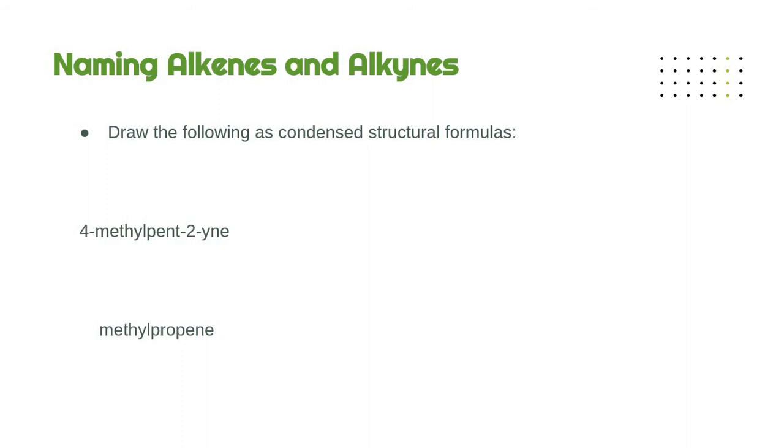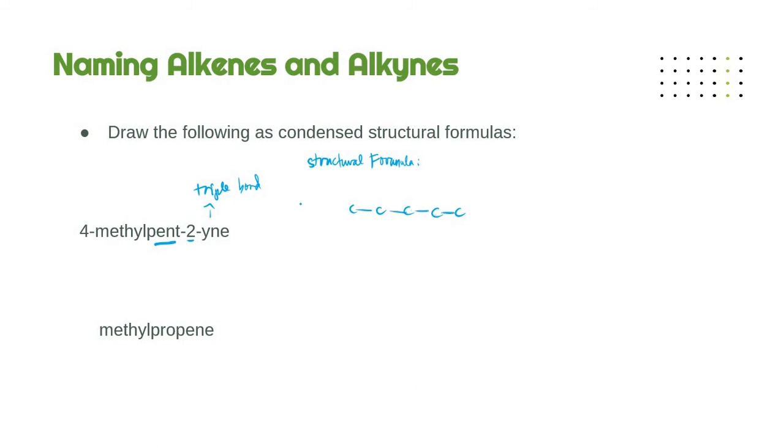Again, draw the following as condensed structural formulas. Condensed. So 4-methylpent-2-yne. If this is -yne, you know it's a triple bond, and it's at 2. First, since it's pent, it has 5 carbons. Try to write down the structure first, 1, 2, 3, 4, 5. Okay.